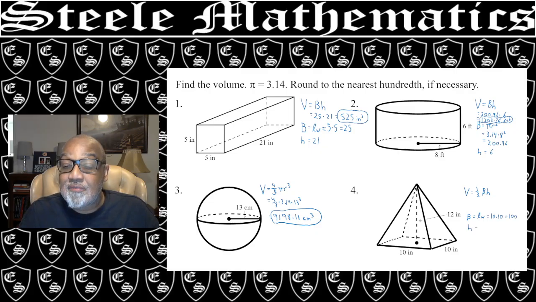And the height of the pyramid is 12. So therefore, this is 1/3 times 100 times 12. We're doing it in our calculator. And you will get 400 cubic inches.